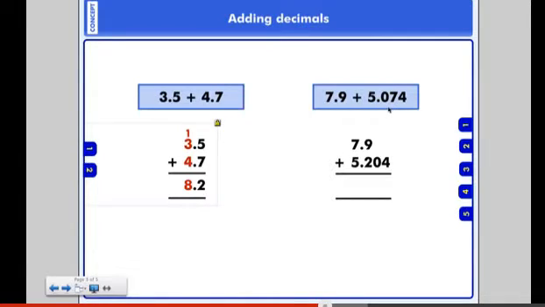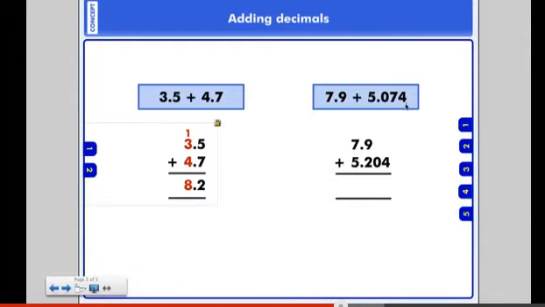Remember, 5th graders, when you read numbers with decimals, I say "and" for the decimal point, and then I look at what I've got after the decimal point, and I say that number as if it were a number all by itself. So this is the number 74. So I say 5 and 74.